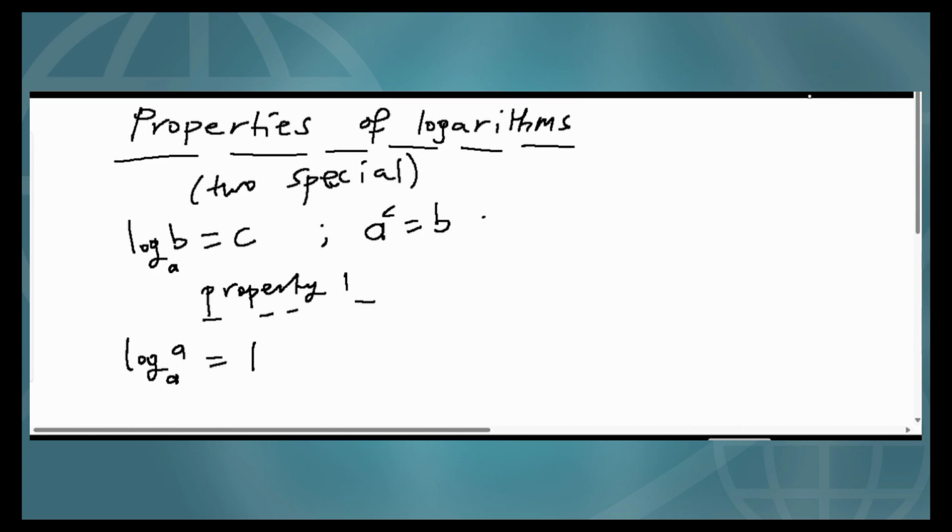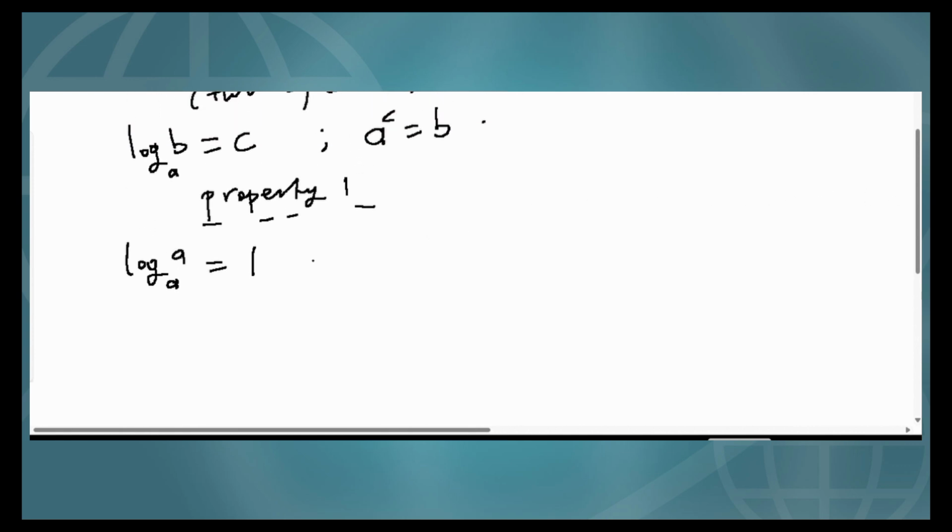So what this property means is that if I have a log of a number of which the base of that log is equal to that number, then my result is going to be 1.